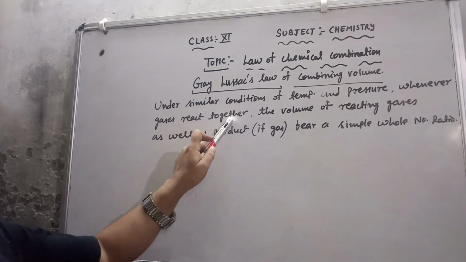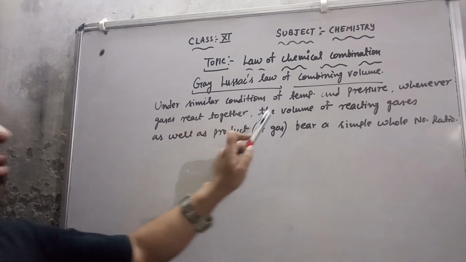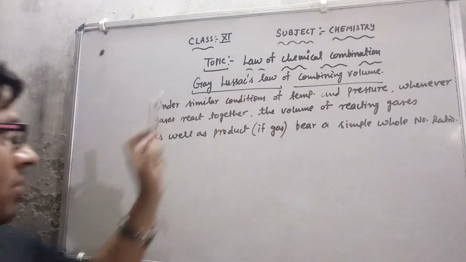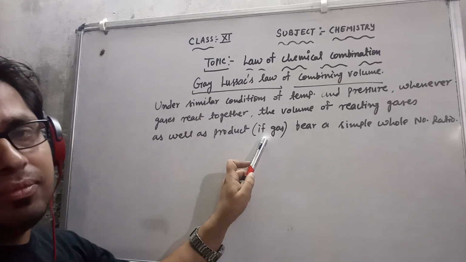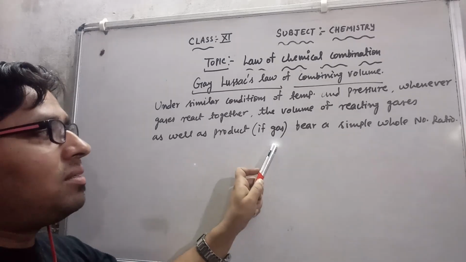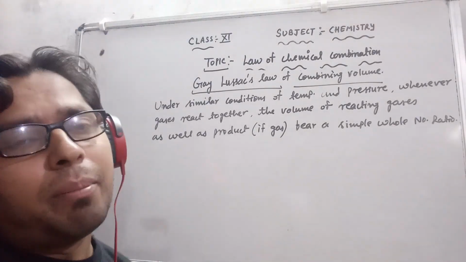whenever gases react, the volumes of the reacting gases as well as the product, keep in your mind the product should be a gas, bear a simple whole number ratio.